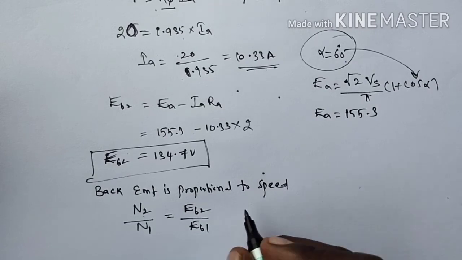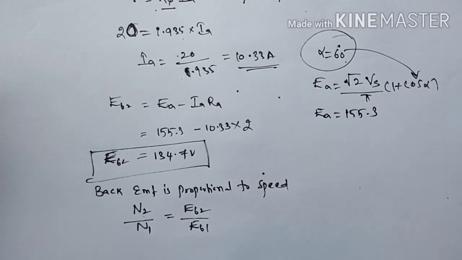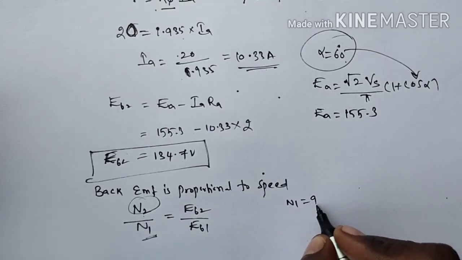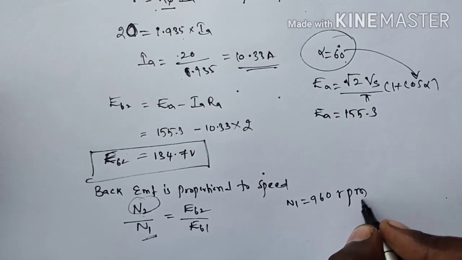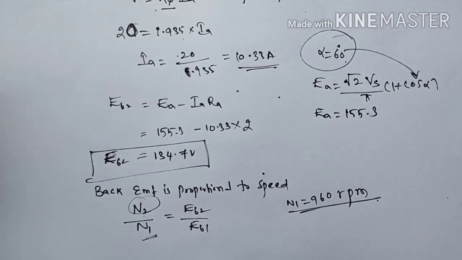Let us substitute here. We need the N2 value. Do you know the N1 value? Yes, from the starting, it is 960 RPM. That is the rated speed.